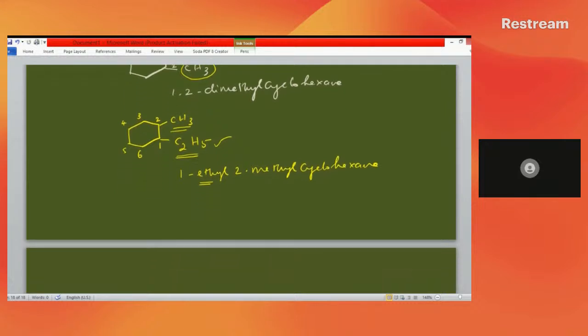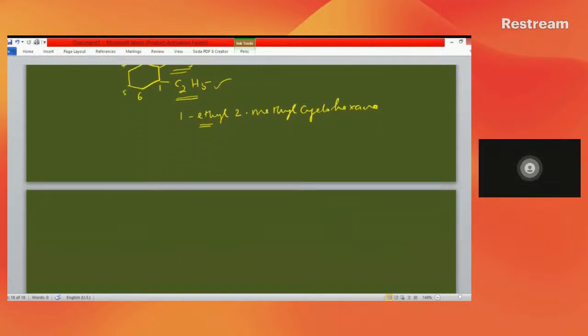Okay, and the next one I am writing, you know that it's a pentane, particularly cyclopentane. You see now 2 branches are found. One is the ethyl branch and the other is the methyl branch.